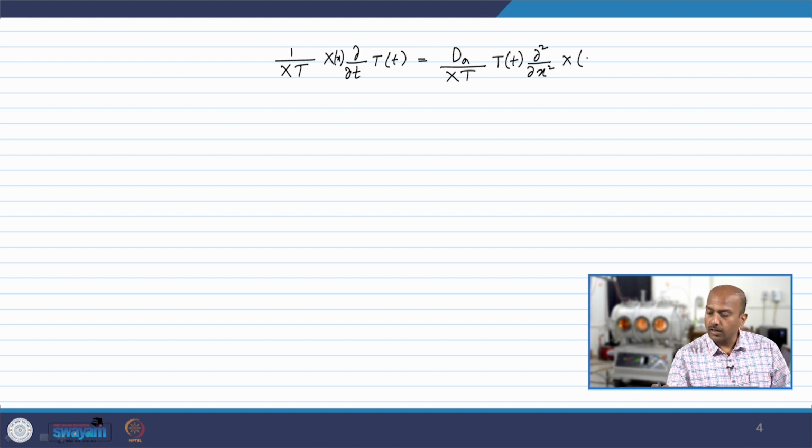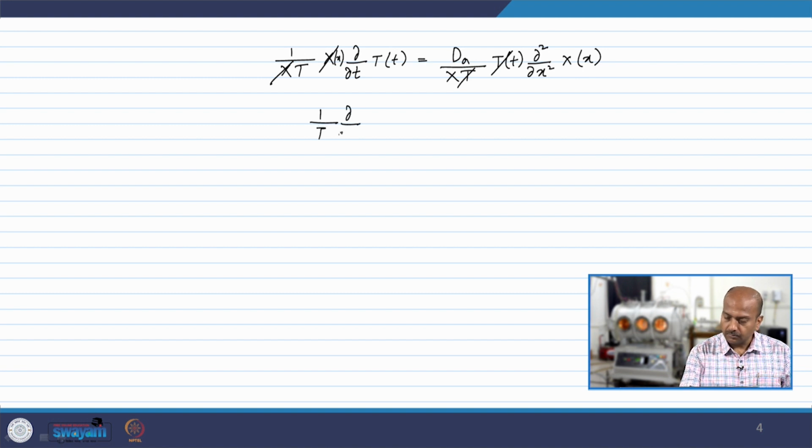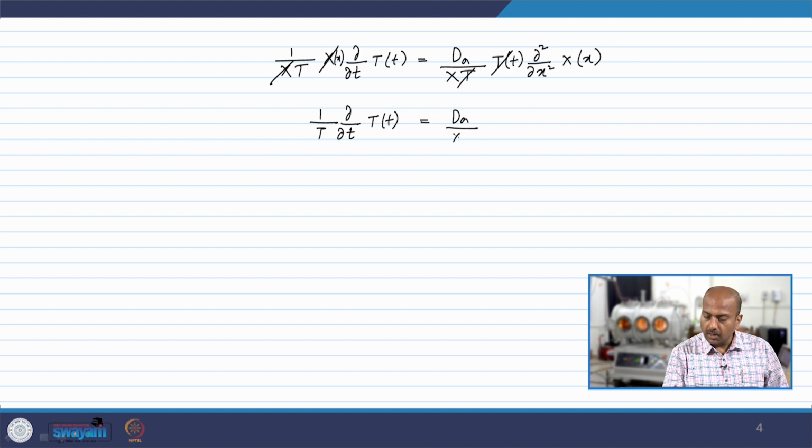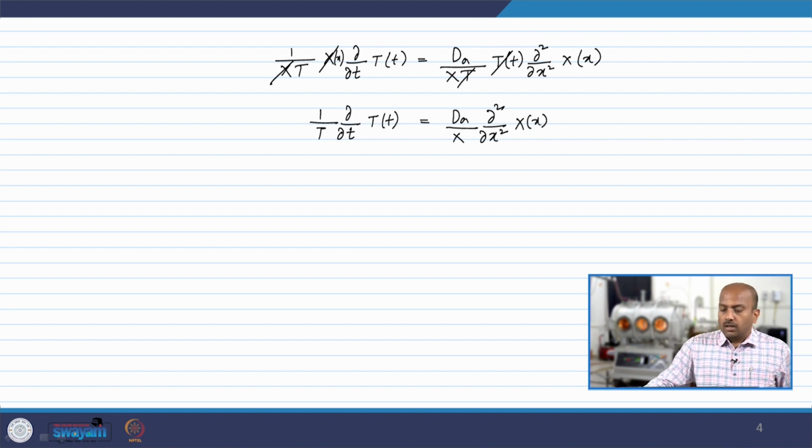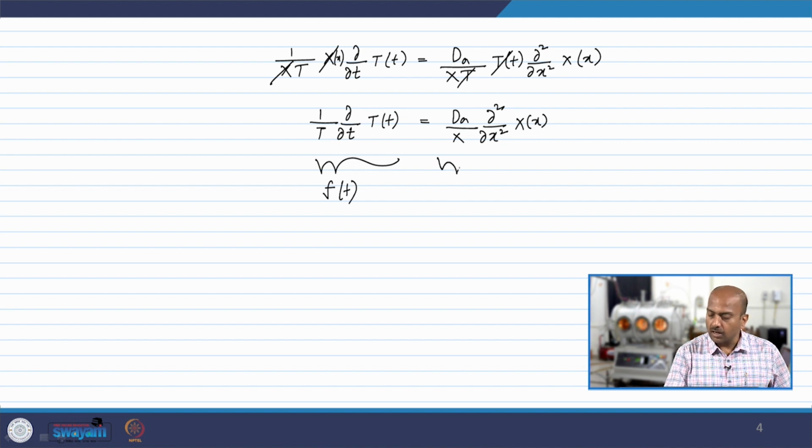So, this X will get cancelled here and this T will get cancelled here, and as a result you will get something like this: 1/T ∂T/∂t is equal to D_A/X ∂²X/∂x². Now, you have the left hand side only a function of time and the right hand side only a function of x.